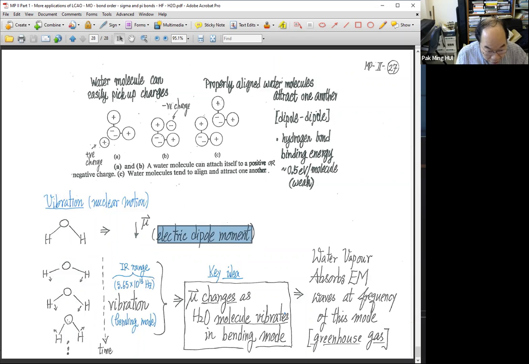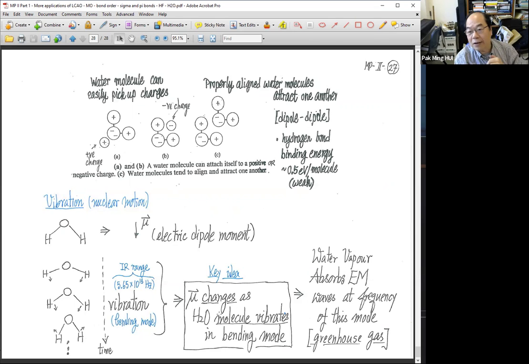For the reason that the distance is longer here, the distance is shorter here, I mean the minus charge and the plus charge. So as the molecule vibrates this way, the electric dipole moment is also changing as the molecule vibrates this way. Okay, now this point will be important.